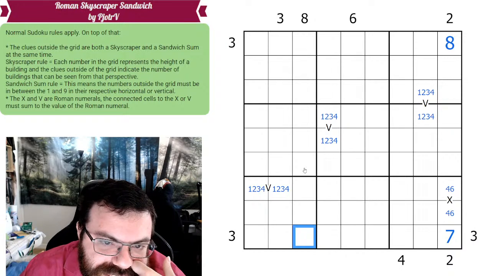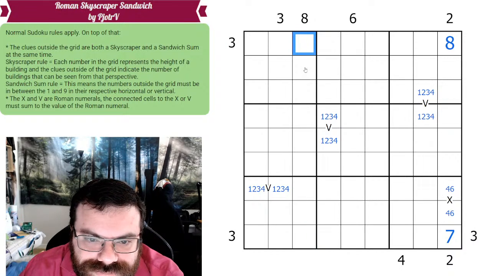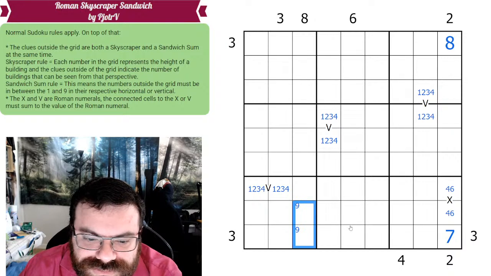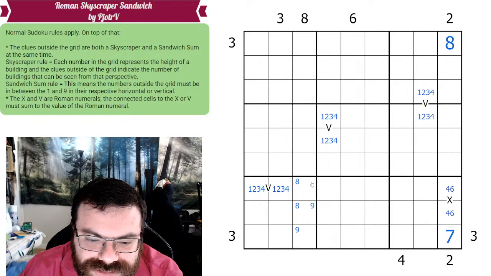Yeah, the 1 is the hidden one, so... And the 9 has to be in one of these two. The 8's in one of these two. Okay, so we're going to have 9, 8, 1 up here somewhere.